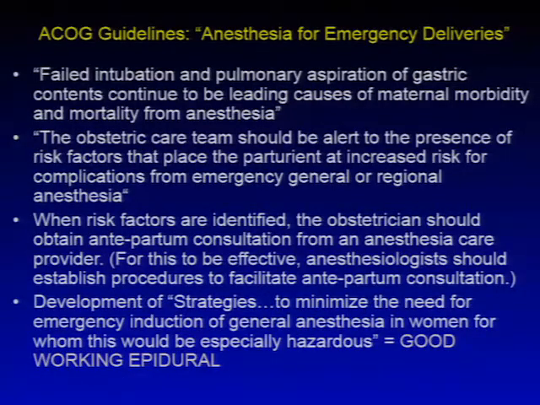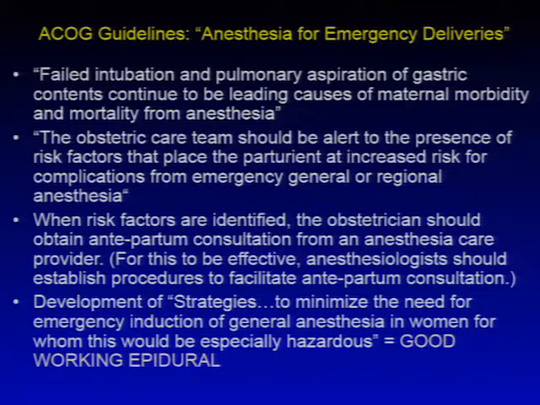The ACOG guidelines actually do address difficult airway concerns, in that they say failed intubation and pulmonary aspiration of gastric contents continue to be leading causes of maternal mortality and morbidity from anesthesia, and the obstetric care team should be alert to the presence of the risk factors that place the parturient at increased risk for complications from emergency general or regional anesthesia.